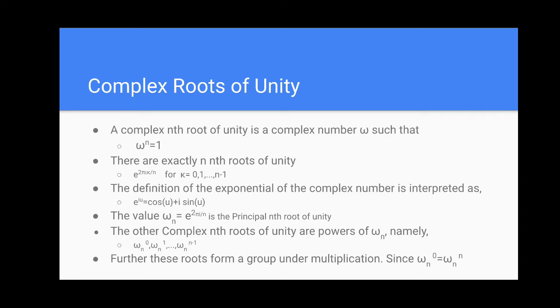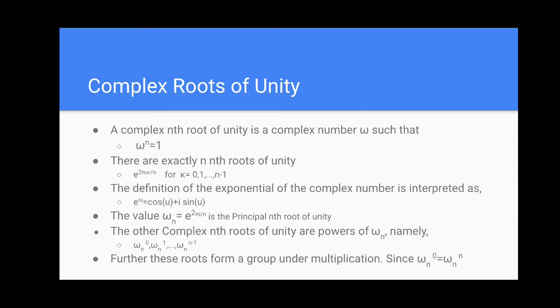The definition of the exponential of the complex number is interpreted as e to the power of iu is equal to cos of u plus i sin of u. The value omega n equal to e to the power of 2 pi i by n is the principal nth root of unity. The other complex nth roots of unity are powers of omega n, namely omega n to the power of 0, omega n to the power of 1, up to omega n to the power of n minus 1.